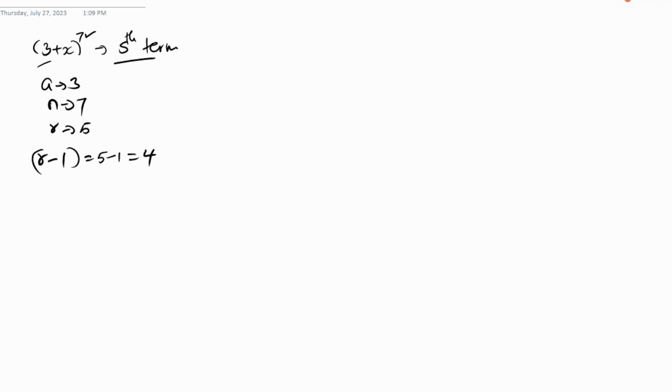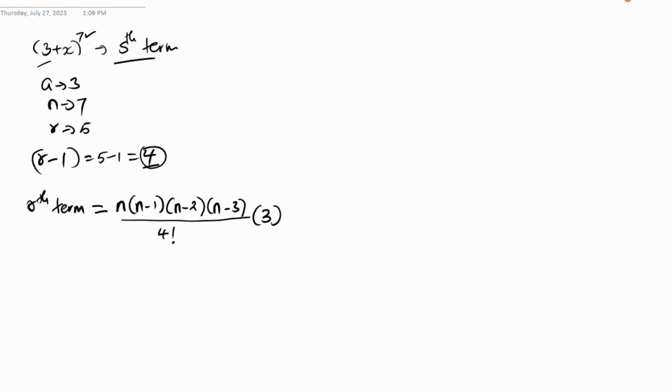Now again, from our formula, the rth term: the number of terms in the numerator is going to be 4, because r minus 1 is 4, so we have the first, second, third, and fourth terms, divided by r minus 1 factorial, or factorial 4, and multiplied by a, which is 3, raised to power n, which is 7, subtract r minus 1, which is 4, multiplied by x to the power r minus 1, which is 4.